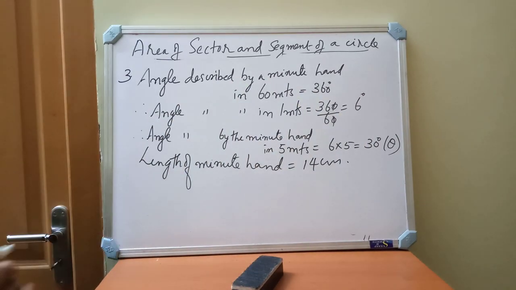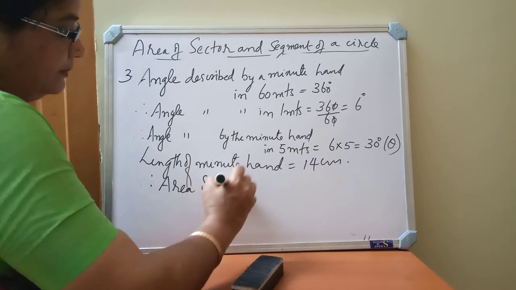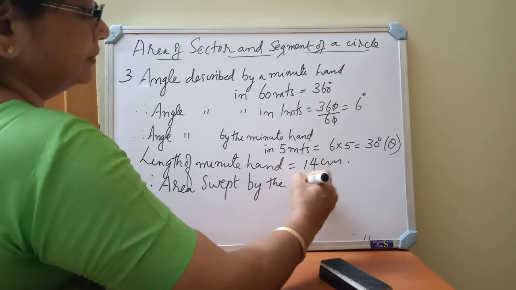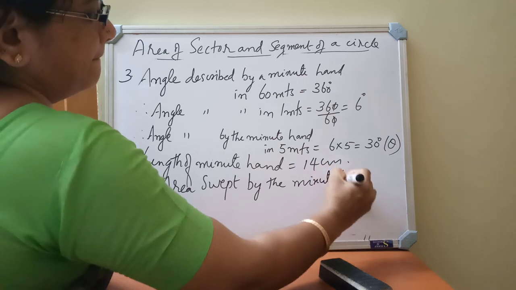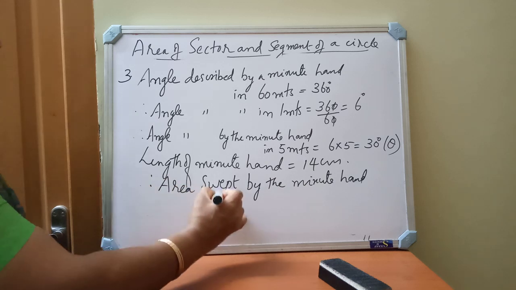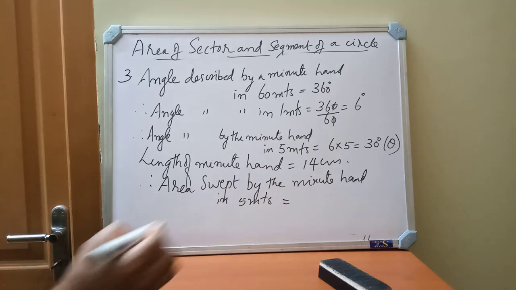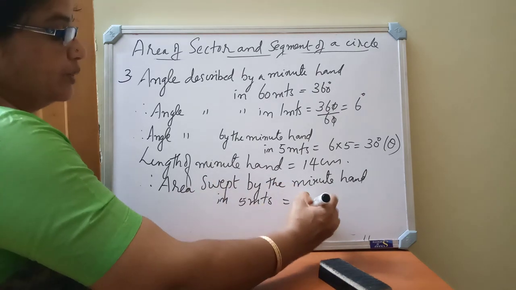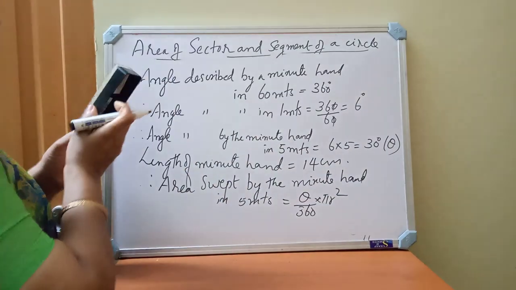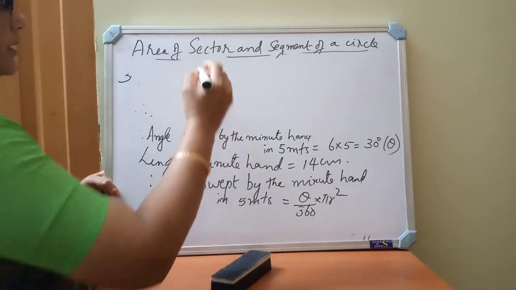Therefore, area swept by the minute hand in 5 minutes is equal to theta by 360 into pi r square, is equal to theta by 360.